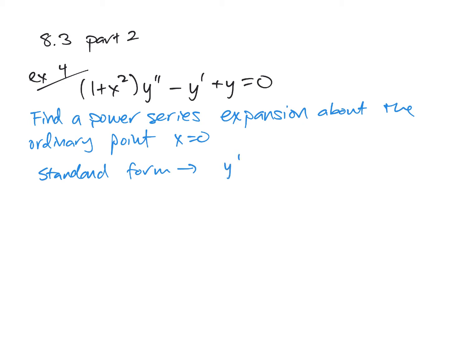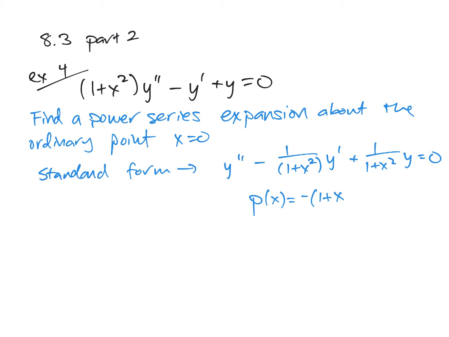And we get y double prime minus 1 over (1 plus x squared) y prime plus 1 over (1 plus x squared) y equals 0. So our p of x is negative 1 over (1 plus x squared), and q of x equals 1 over (1 plus x squared).